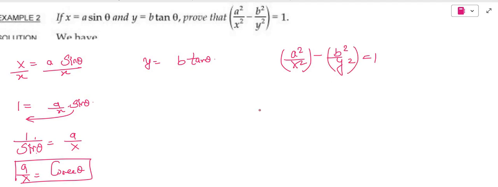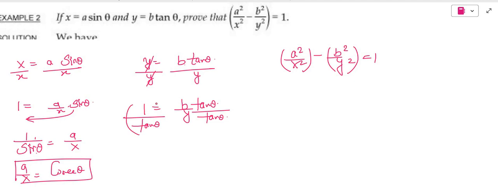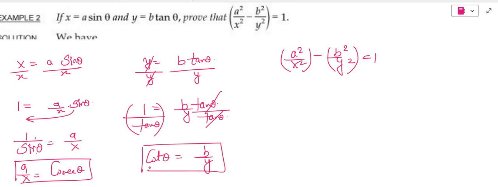Now we need b by y. Can I divide by y both sides? So this is cancelling. So 1 is equal to b by y tan theta. Okay. Can I divide tan theta both sides? So 1 by tan theta is cot theta, and this is cancelling, b by y. So this is what I got. Okay. Now what can we do?